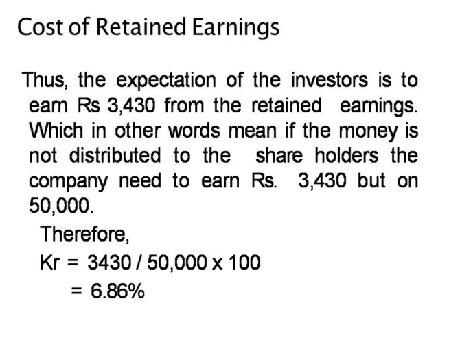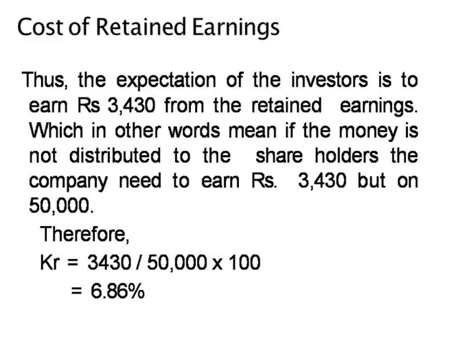Therefore it can be calculated by 3,430 divided by 50,000, so this would amount to 6.86%. So this is the cost of retained earnings. The company must earn at the rate of 6.86% on 50,000. This was the main crux of the cost of retained earnings.